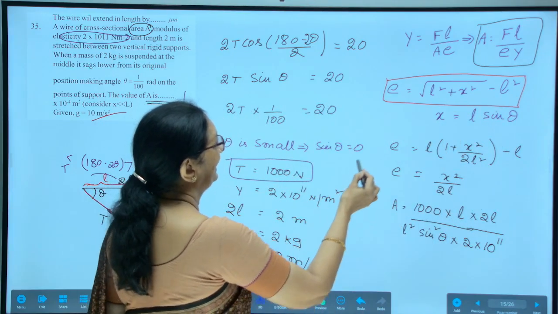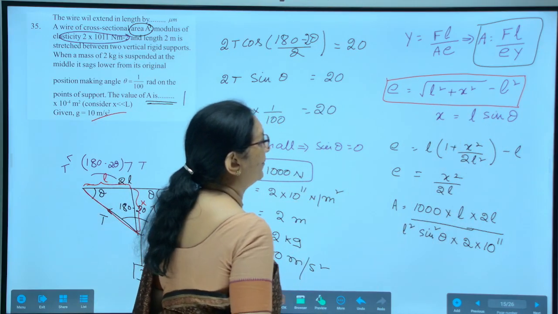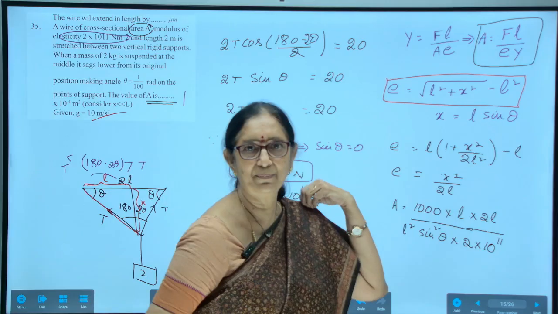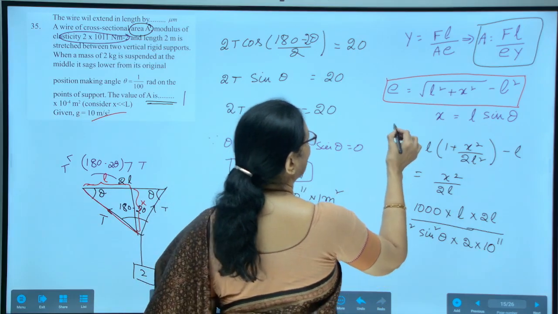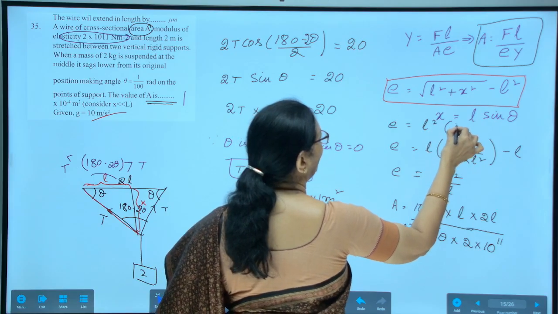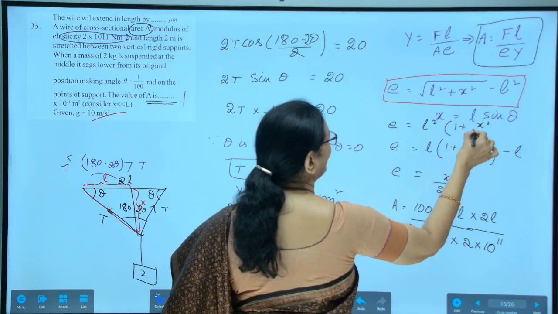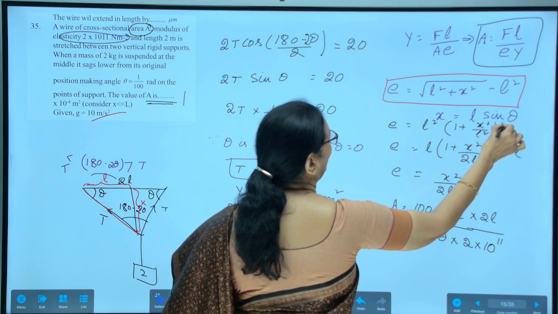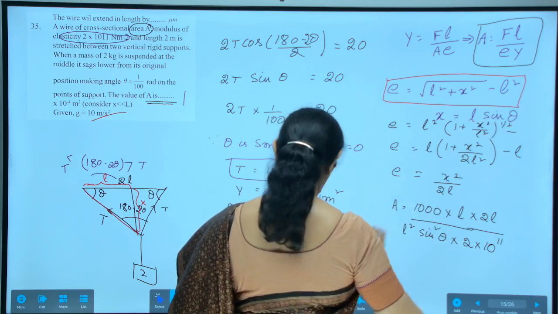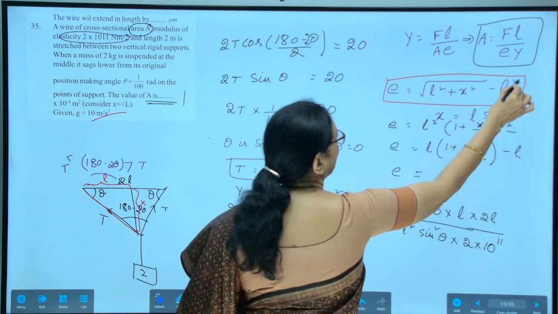Actually, I skipped one step here. So E is equal to, if you take L square as common factor, the square root of L square into (1 plus x square by L square), that is L into (1 plus x square by L square) to the power of half, minus L, isn't it?